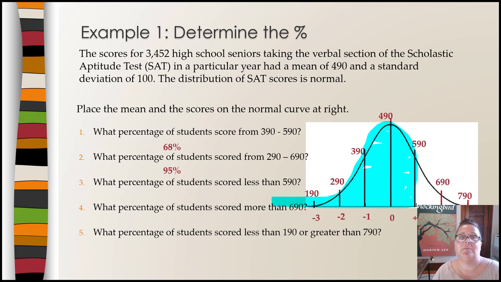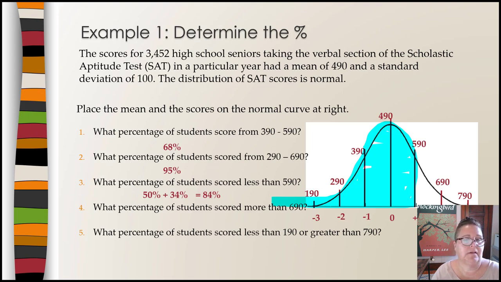You'll notice this encompasses the whole lower 50% and then the first standard deviation above. So the lower half, everything from 490 down, is 50%, and then referencing my empirical rule chart, I see that the first standard deviation above is another 34%. Adding those together, I have 50% plus 34%, which is 84%.